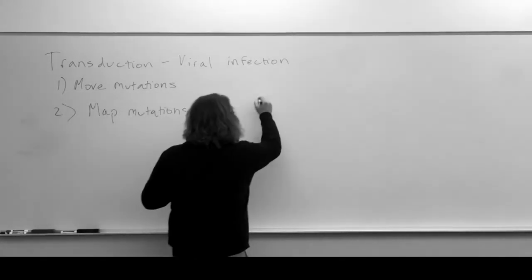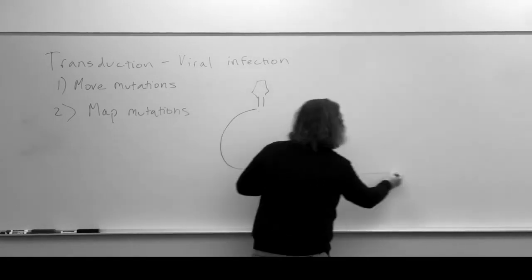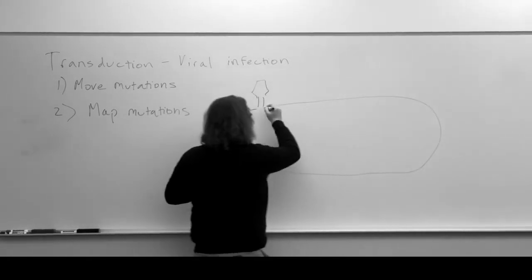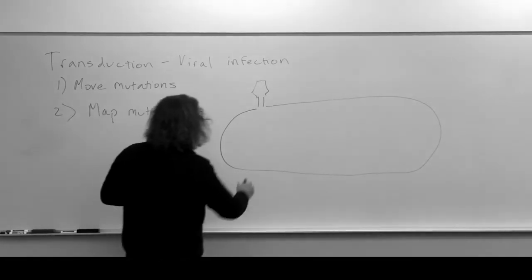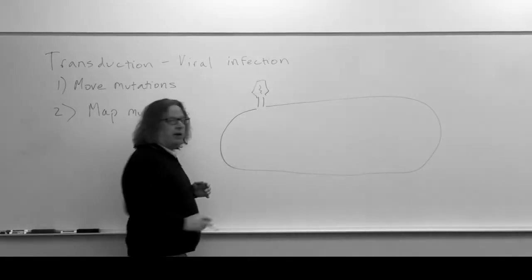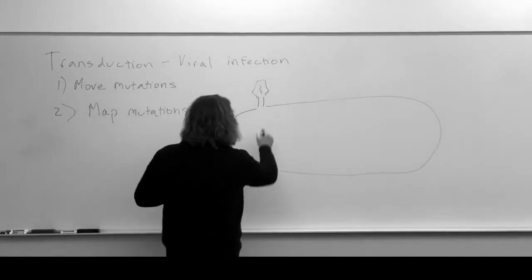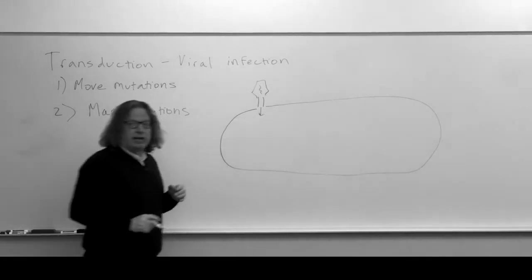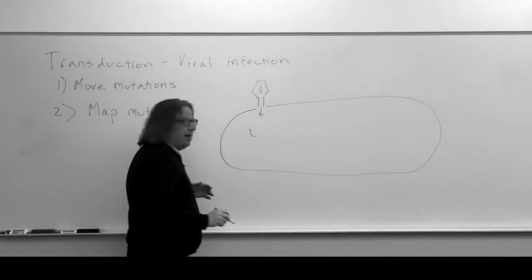So in the last lecture, we talked about infection of bacteria cells with phage. In a bacterial infection, you have a phage particle that's associated with a bacterial cell, and it inserts its genetic material into the target cell. This DNA is then copied.